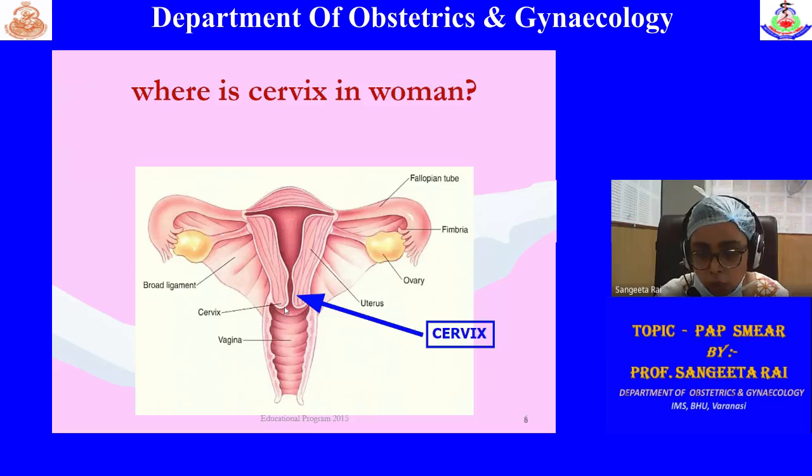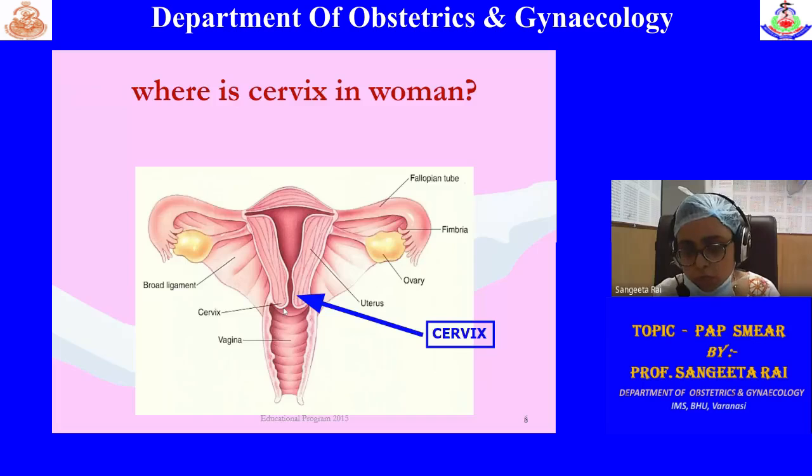Normally, if the patient has a good immune response and there are no risk factors, then the endocervix which is exposed outside during the reproductive phase is lined by columnar epithelium. This columnar epithelium, because of the high pH, will change to immature squamous epithelium.